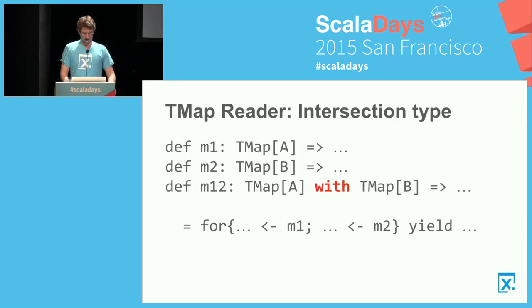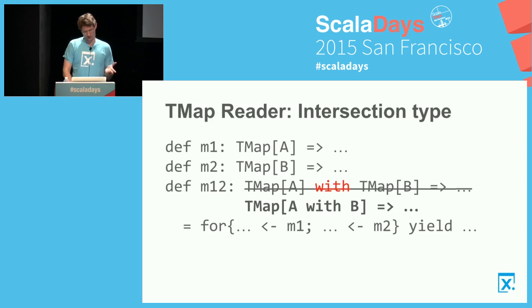Same thing for TMaps. If you use the reader monad from Scalaz, which is agnostic to TMaps, to compose them, you will get these TMap of A with TMap of B, which is not really what you expected, because you wanted a TMap of A with B, like a TMap of a logger with the database. However, again, that's what we were looking for.